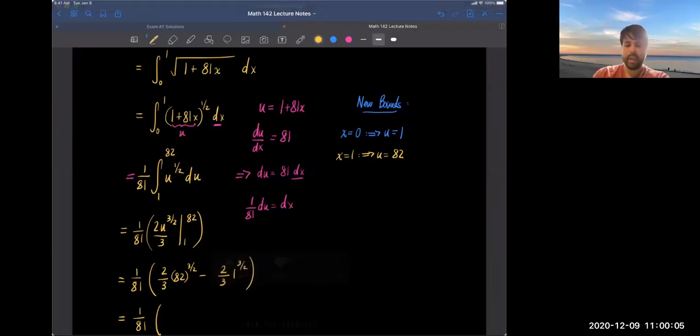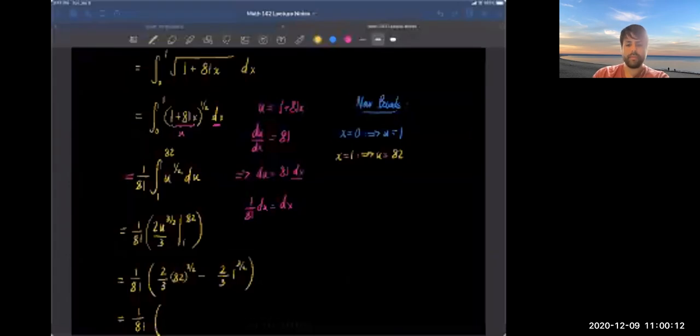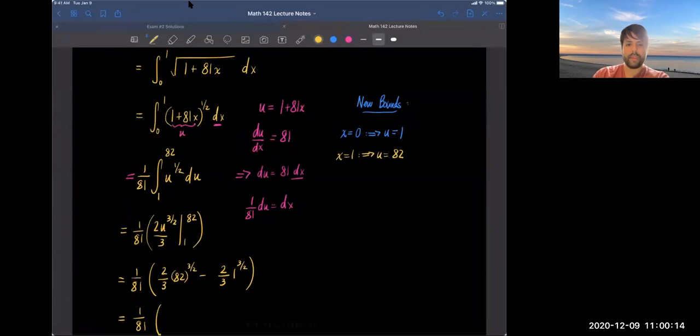Does anybody know what 81 to the 3/2 power is? $729 or 3? Which one?